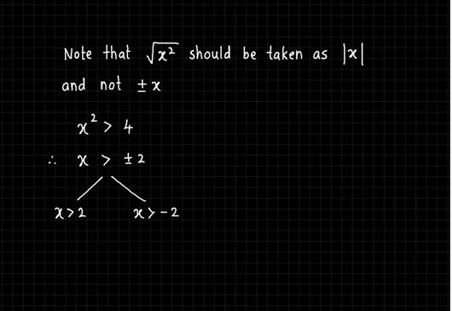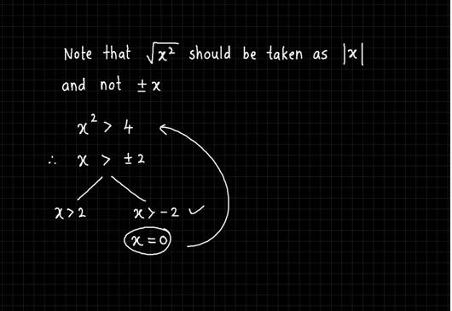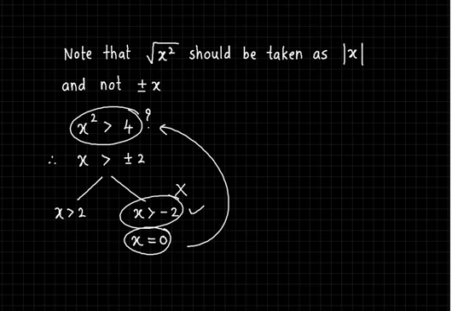But what if we consider the second possibility, that x should be greater than minus 2? If we consider some value, for example 0, 0 is definitely greater than minus 2, but is the square of 0 greater than 4? Of course not, because 0 square is 0, which is less than 4. So you see, this is not the correct solution.